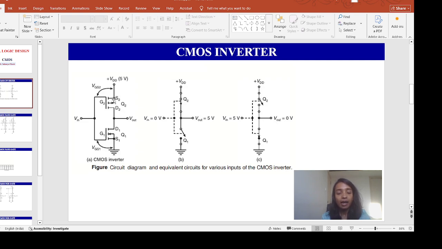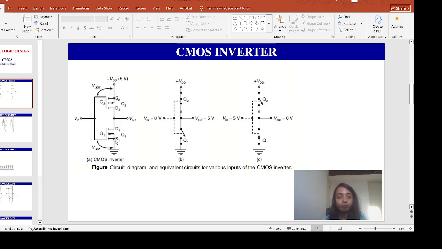And the source of this Q1 is grounded. For this PMOS transistor, this is source, this is gate, this is drain. For this NMOS transistor, this is drain, this is gate, and this is source. So for the PMOS transistor, supply is directly connected to the source, and for the NMOS transistor, source is grounded.